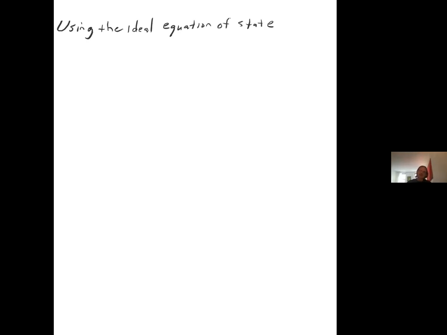Now that's a more technically correct name for it, but really what they mean by that is the ideal gas law. An equation of state is a relationship that describes what state a substance is in, so what its pressure, what its volume, and what its temperature is. Okay, so let's take a look at this example here.